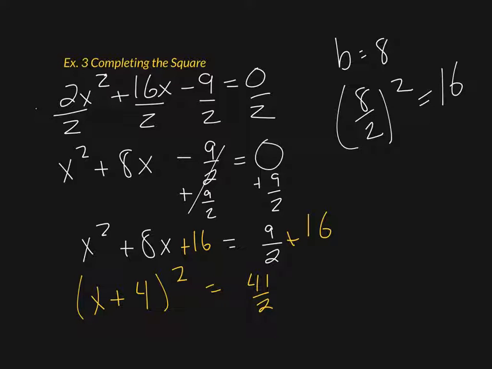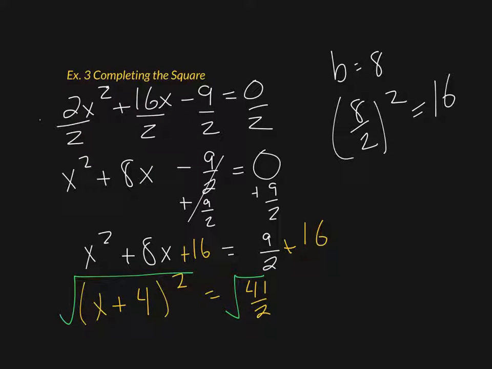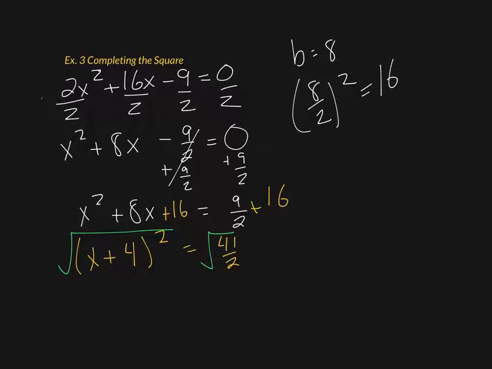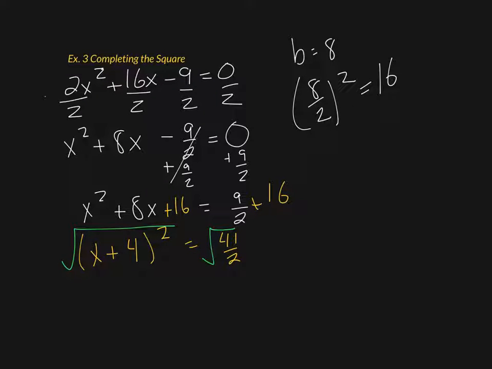So now we have an equation where we could just take the square root. Our next step, we want to square root both sides. This leaves us with x plus 4 equals plus or minus the square root of 41 over 2.